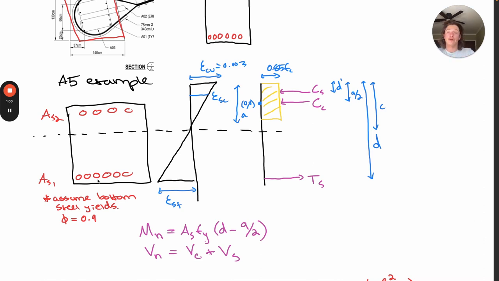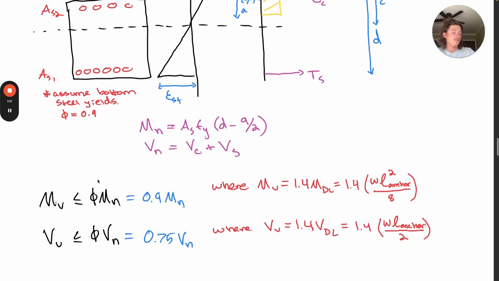What we're going to talk about is what variables are going to change and how we're going to be comparing our capacity and our demand. So once again, we have our ultimate moment and our ultimate shear. That's just going to be phi times the nominal moment or shear, where we use a phi of 0.9 for a tension-controlled section in flexural capacity, and we use a value of 0.75 phi for a section in shear.